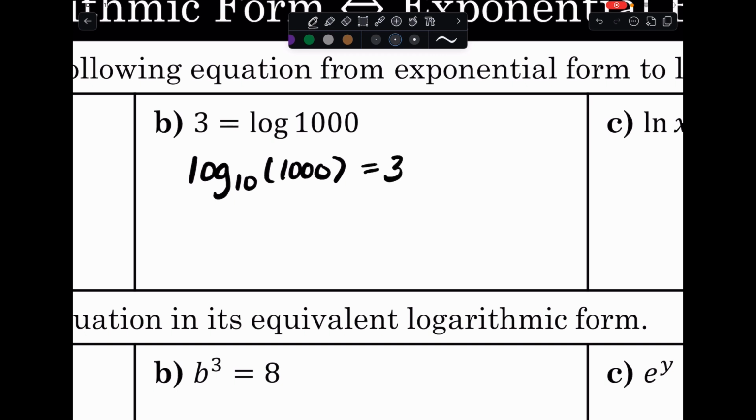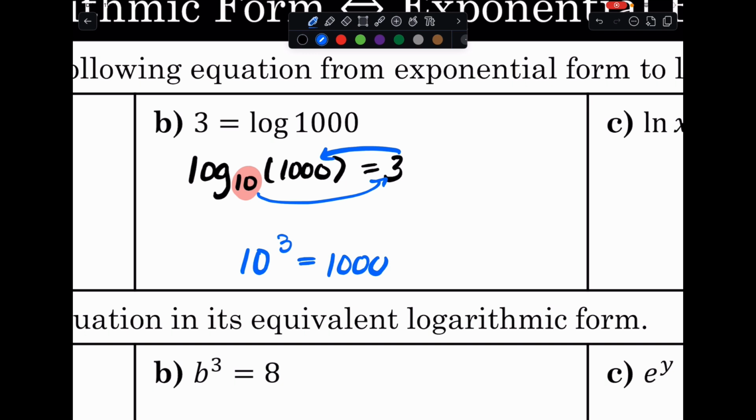Now, if I'm going to write this again in its exponential form, what I'm going to do is start with the base, which is 10. I'm going to raise it to this power of 3, and that's going to equal this value that's in the parentheses, which is the 1000.